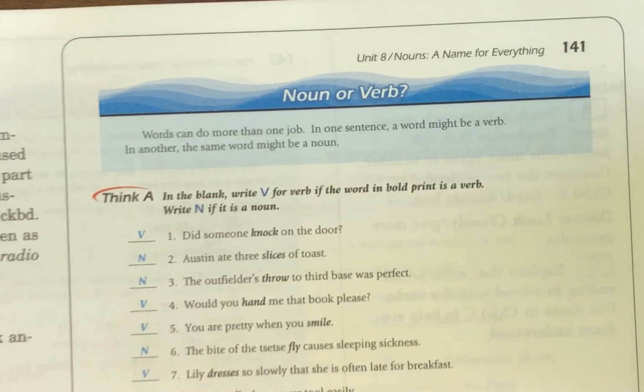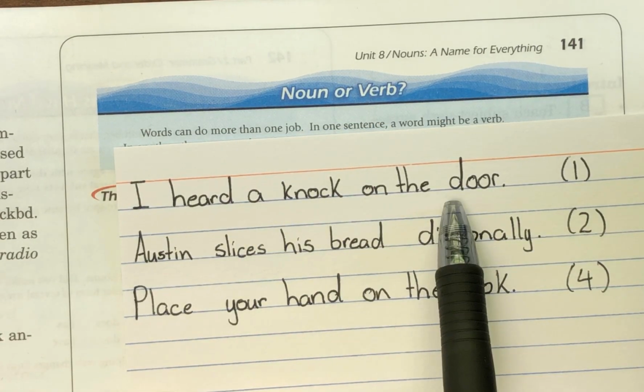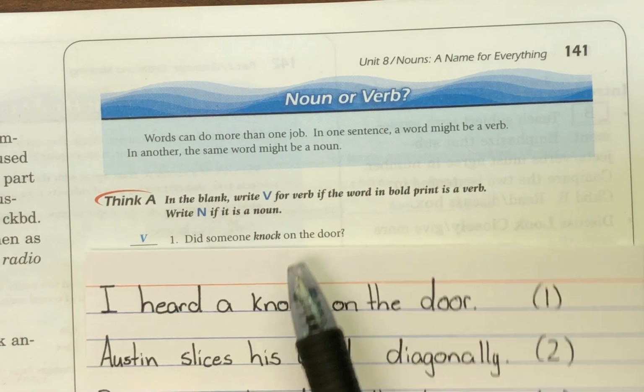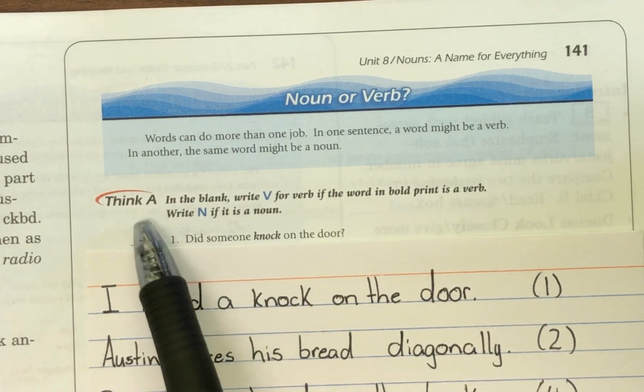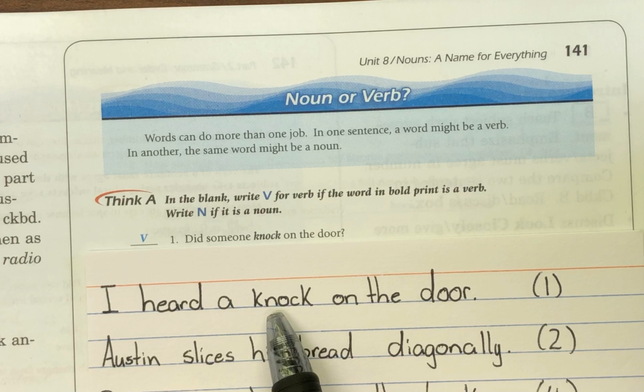I took a couple sentences here. You're supposed to change that word, knock, into a noun. If it's a verb in your sentence, it should be a noun.